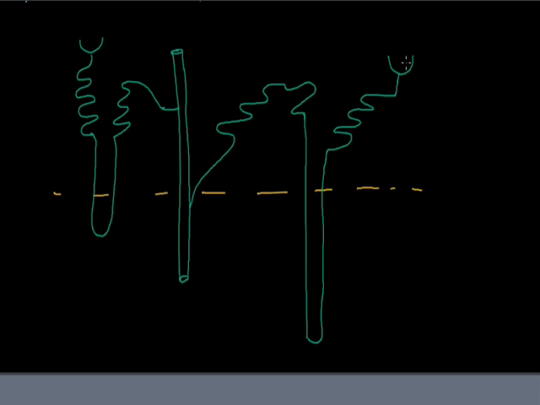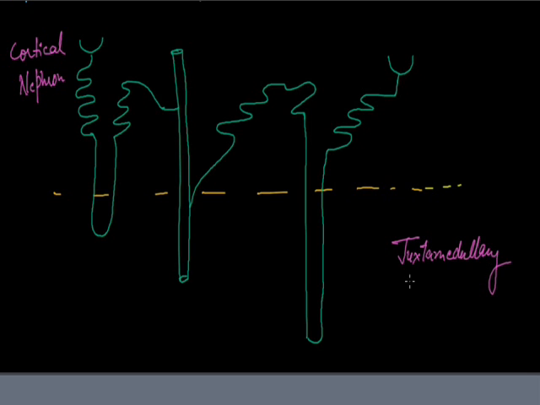This is the Bowman capsule. So this is the cortical nephron, while this is the juxtamedullary nephron with a long loop of Henle.